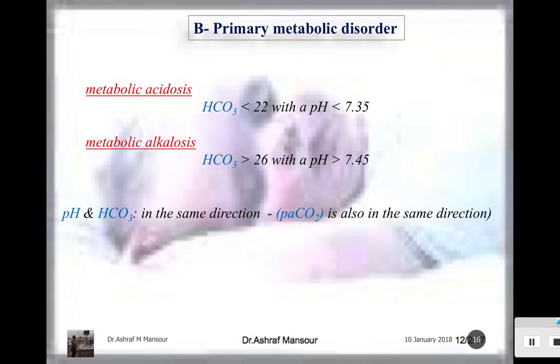While when the bicarb is abnormally high, more than 26, the pH will be shifted toward 7.45 and above, and it will be metabolic alkalosis. And as you see here, the pH and the bicarb are in the same direction. And also, as a compensatory mechanism, you will find the PCO2 will run in the same direction.